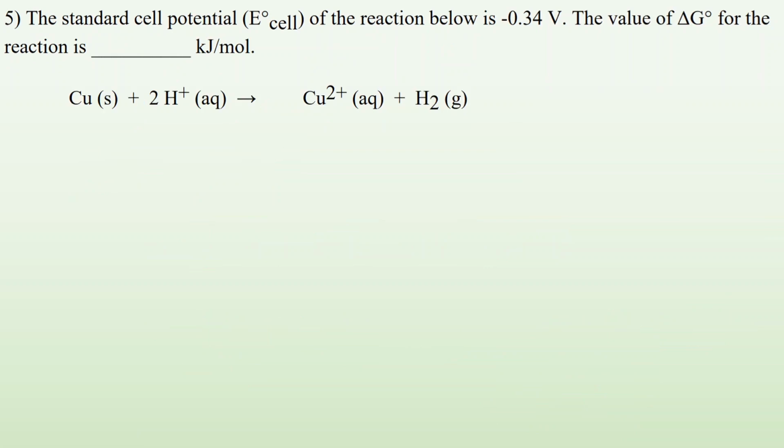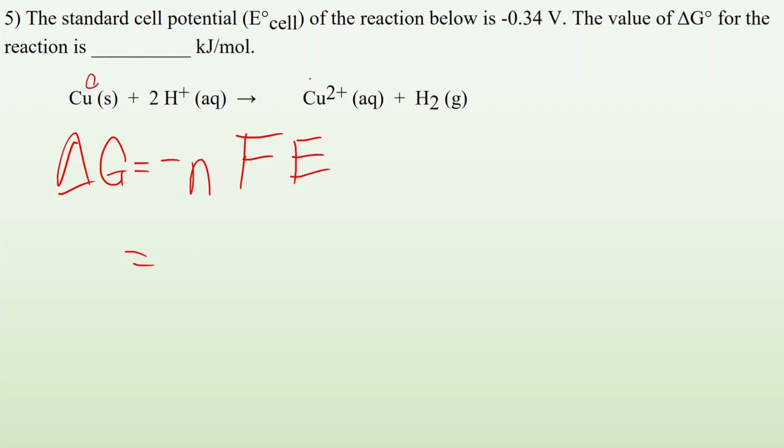Number 5, the standard cell potential of the reaction below is negative 0.34 volts. What is the value of the delta G naught for the reaction in kilojoules per mole? So again, delta G equals negative nFE. So how many electrons are being transferred? Well, it looks like Cu0 becomes Cu plus 2.